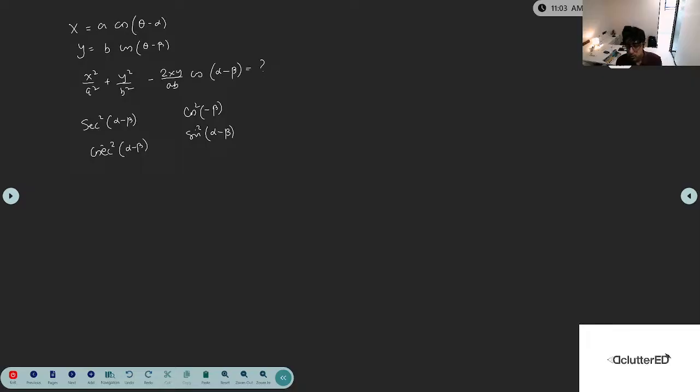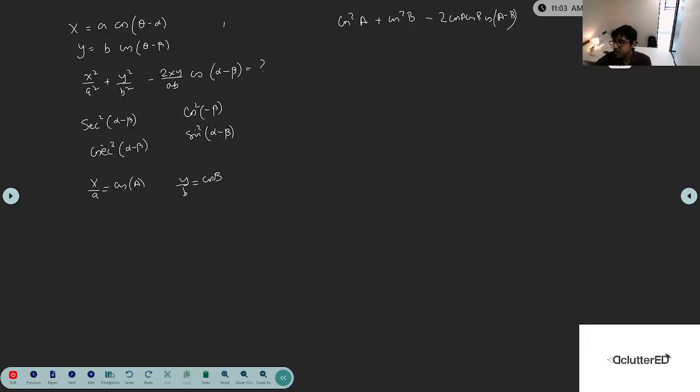Alright, so I can write this as x by a is cos a, where theta minus alpha is a, and theta minus beta is b, and y by b is cos b. So what is actually asked of us is cos square a plus cos square b minus 2 cos a cos b into cos of a minus b.